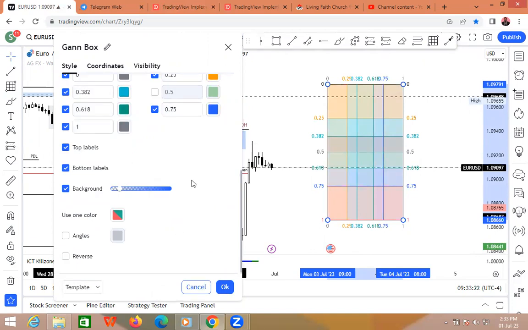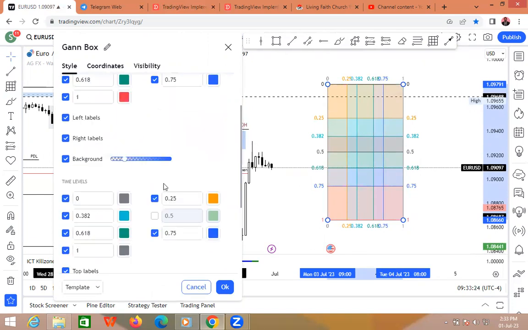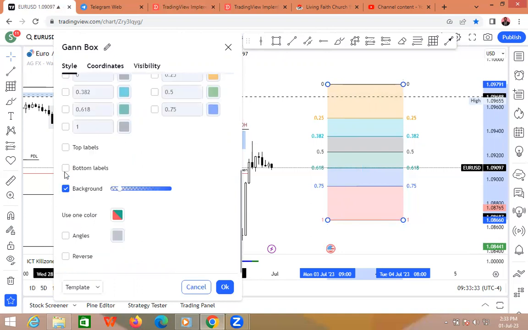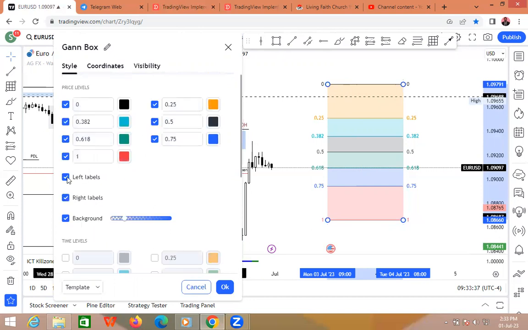So just uncheck them, uncheck the boxes, uncheck all of them.